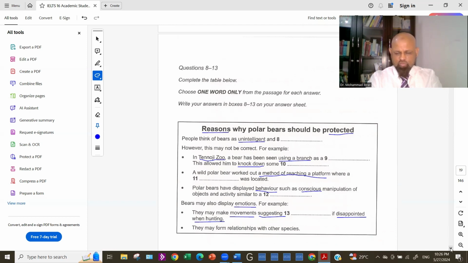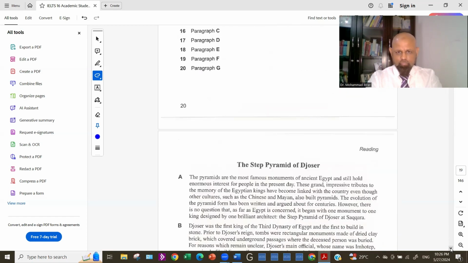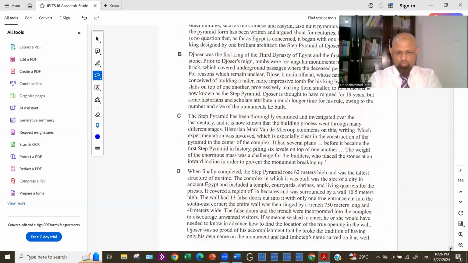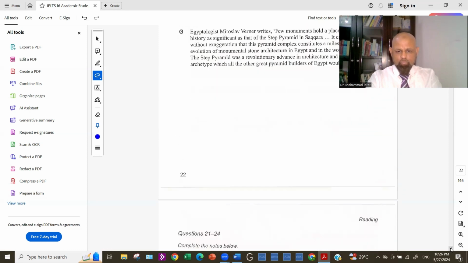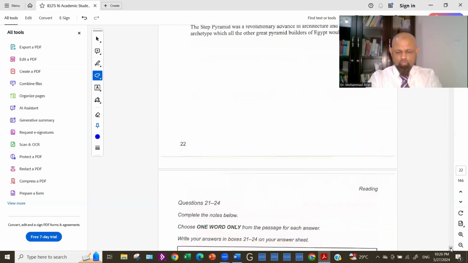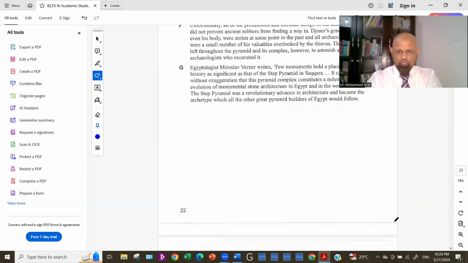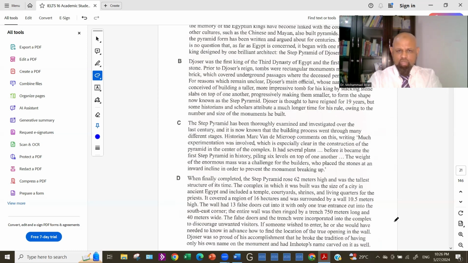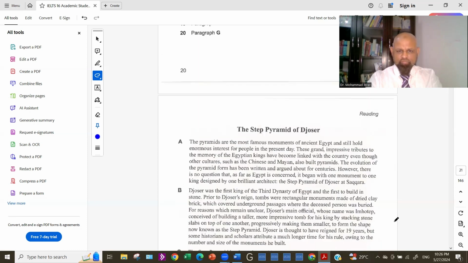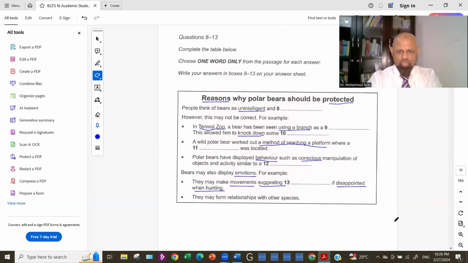So we have to find the next adjective there. Sorry, it's a bit irritating going back and forth. But this is how you need to do it in the exam as well.